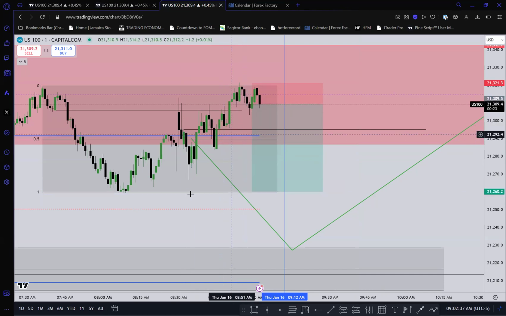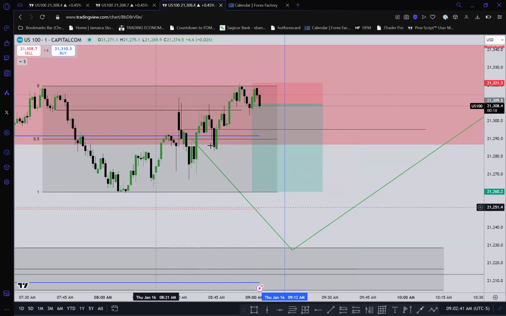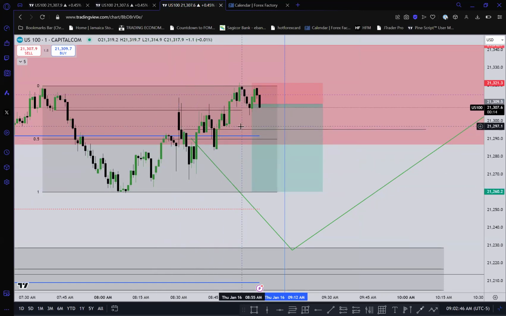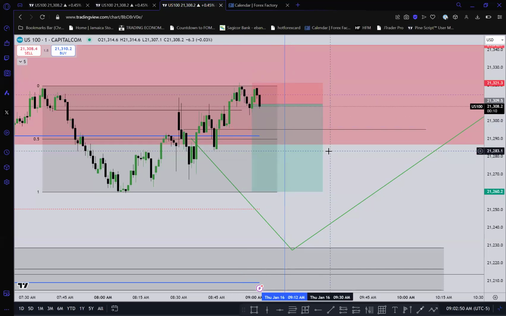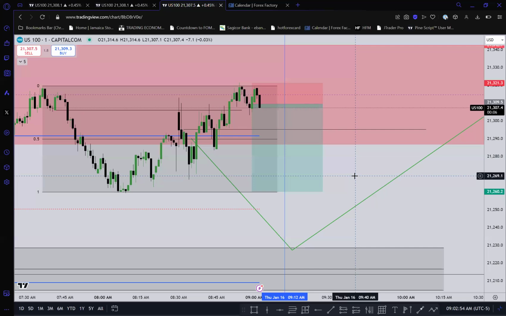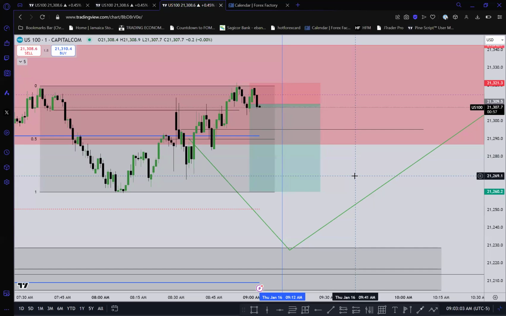So many lows here. This is pointing to potentially M5 failure swings. So 2 big M5 candles gets me right to this time. Here goes nothing.